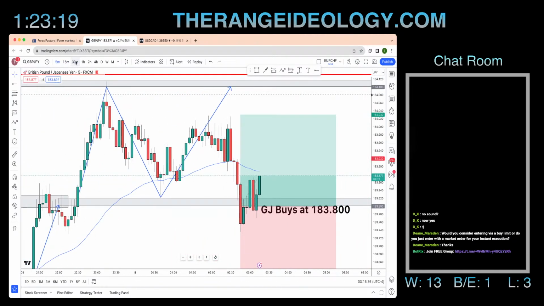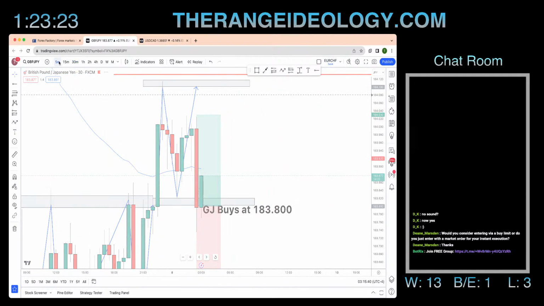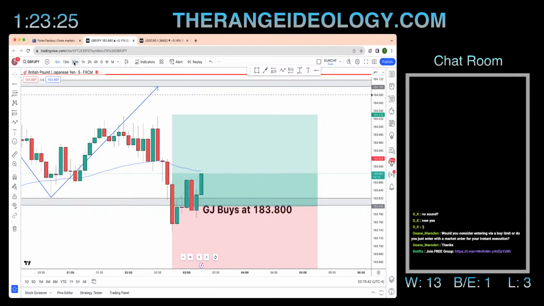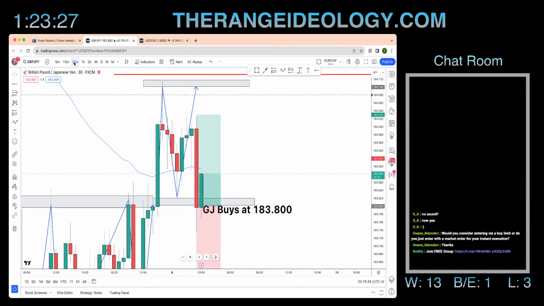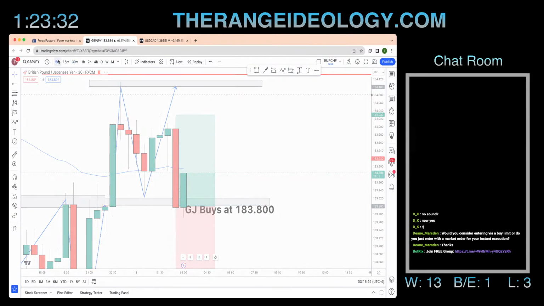So let's see, tapping the 5-minute EMA here. And then would be the 30, which is right around the same area. Can it give us the big push?